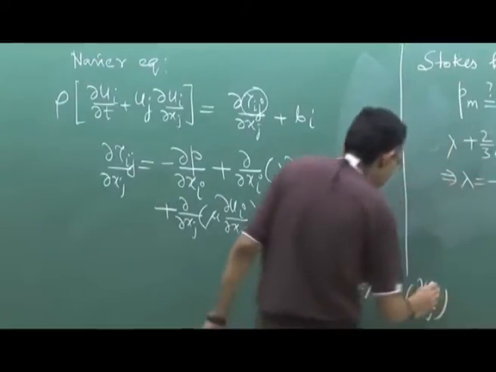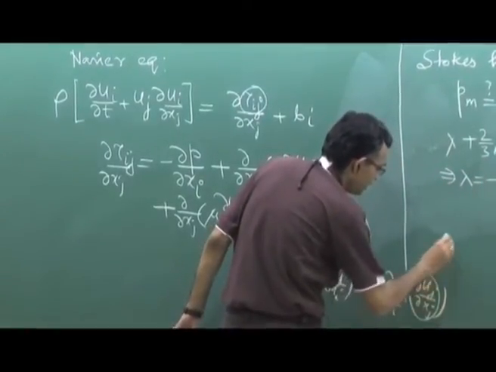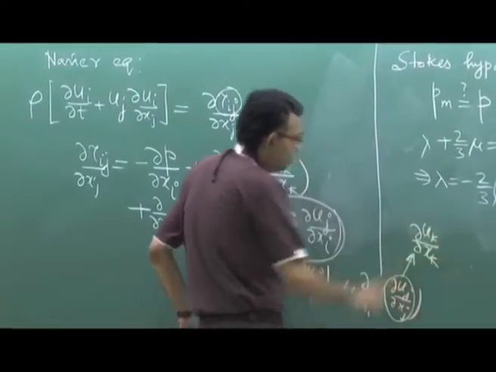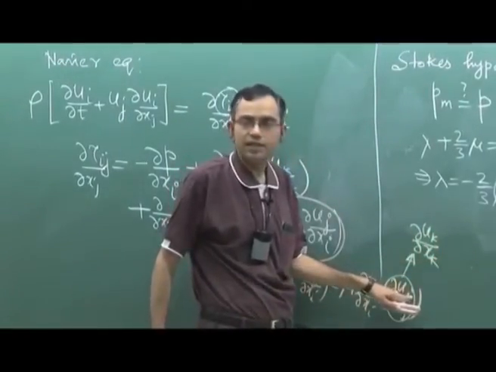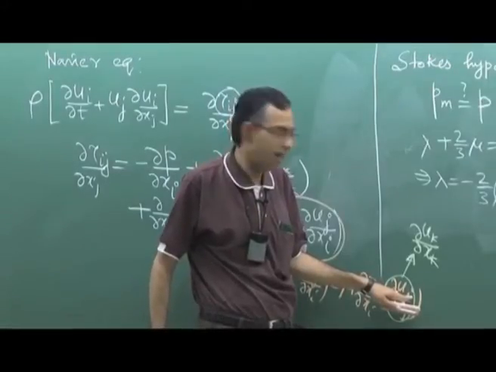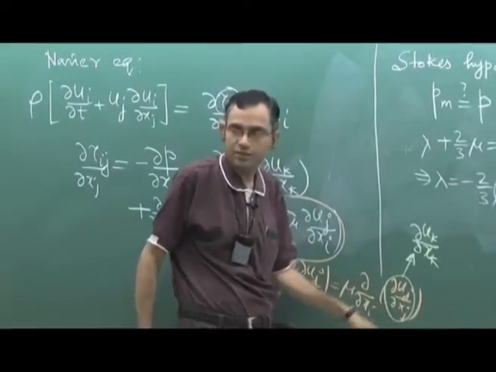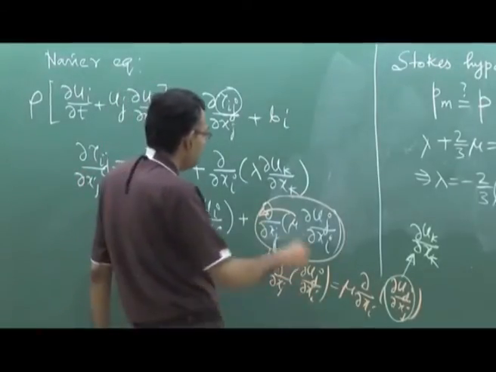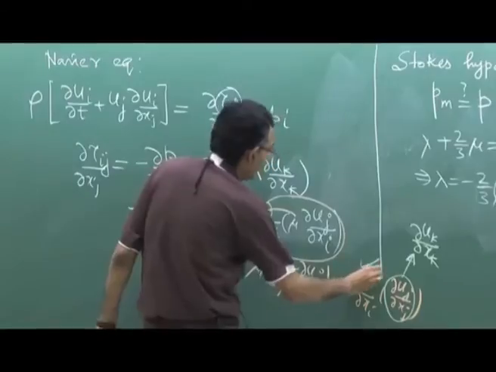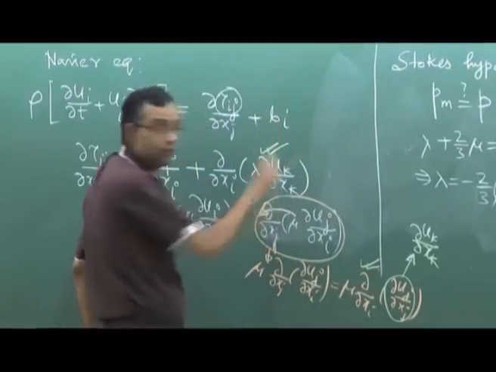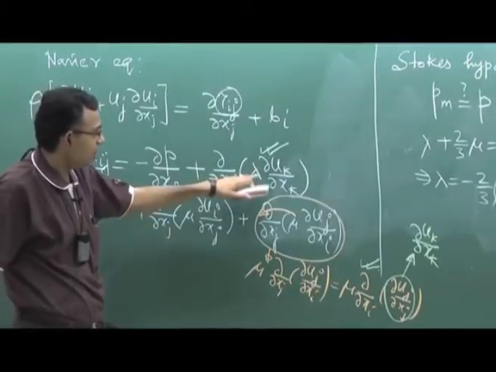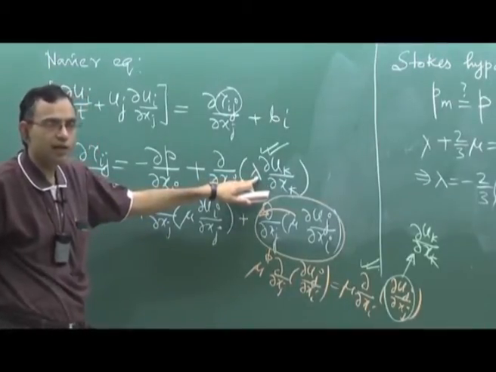And then this can be written as del uk del xk. See, this is a dummy index, this j. So, instead of j you can write whatever k, l, it does not make any difference. So, why we are writing it k here, you can see now that this term can be clubbed up with this term, because here also lambda is a constant, it is not a function of position.